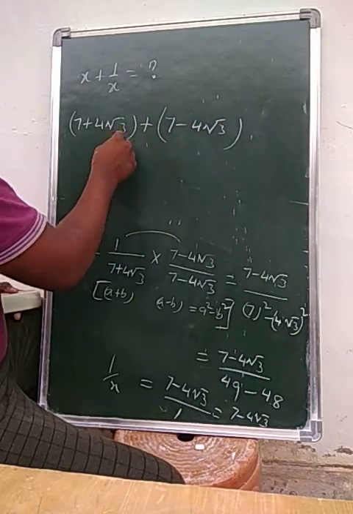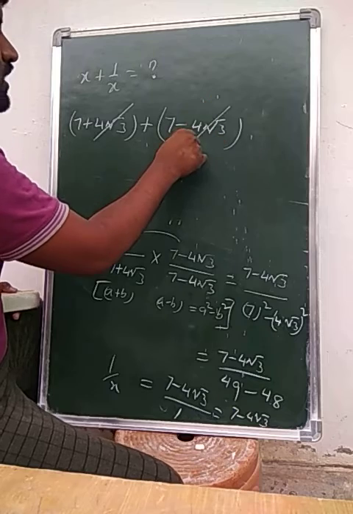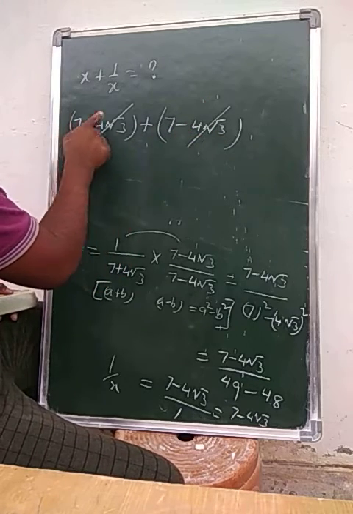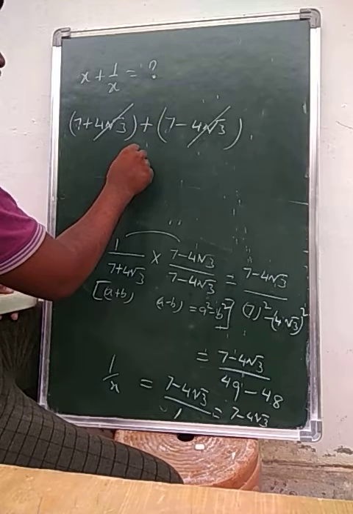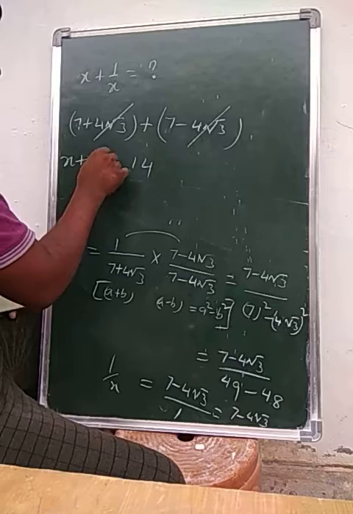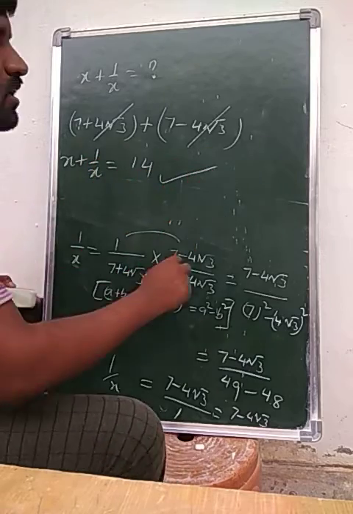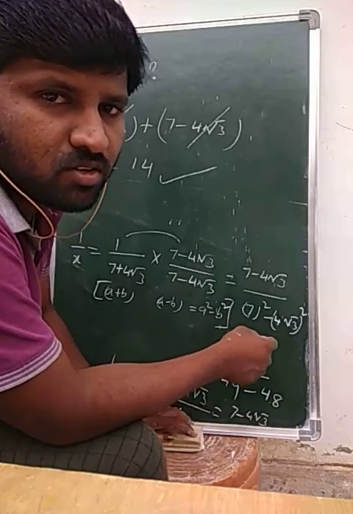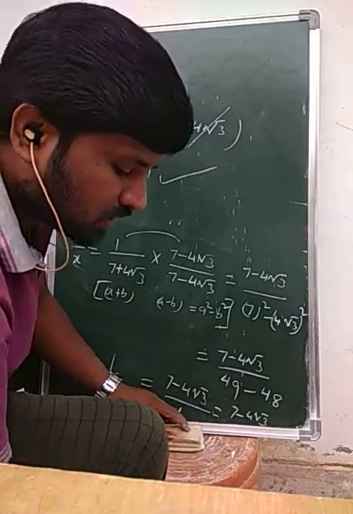Now clearly plus 4 root 3 and minus 4 root 3 cancel, and 7 plus 7 is 14. So x plus 1 by x is equal to 14. So this is the required answer for this question.